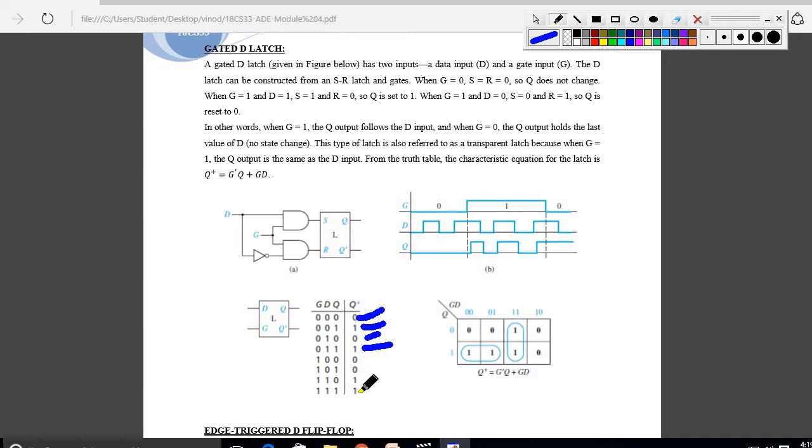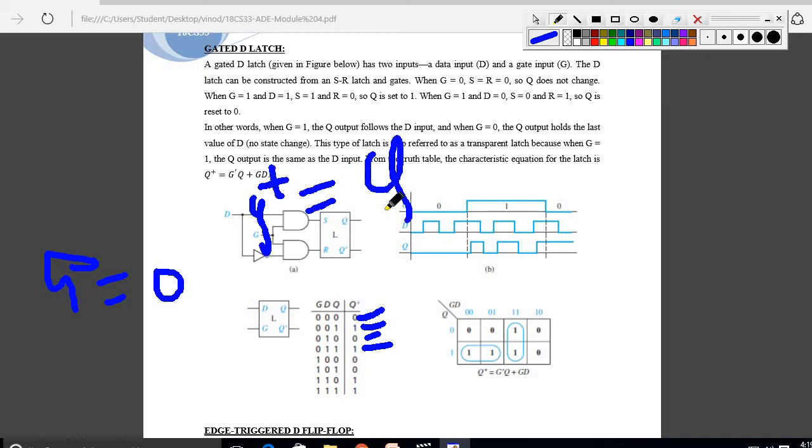Rather than saying it like this: when G is 0, your Q plus is always equal to Q only, meaning the present state value is always equal to your previous state value, irrespective of the D input. Getting my point?